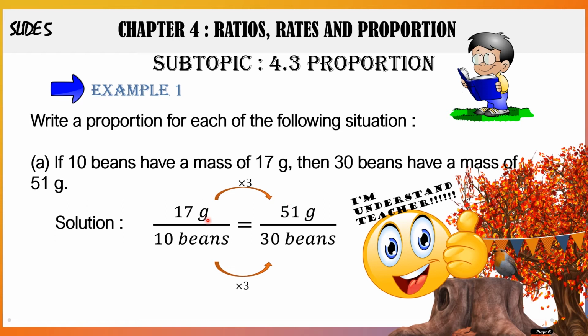So how to get this answer? You need to know 17 goes to 51. How to get it? You need to times 3. So also the 10 bands times 3 to become 30. So that means that is the proportion.